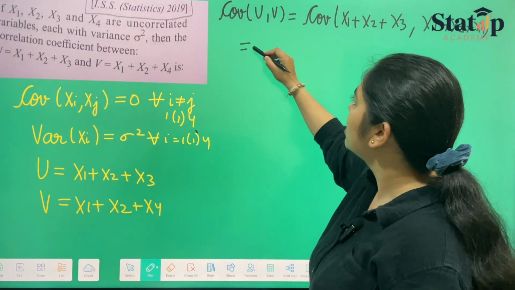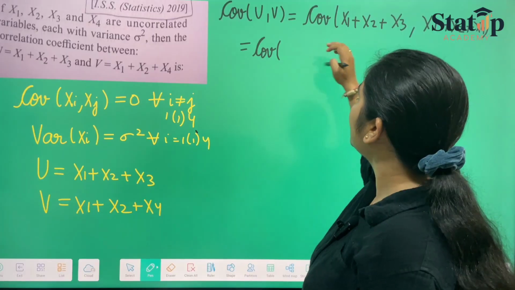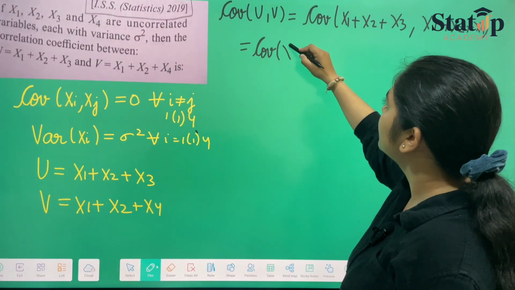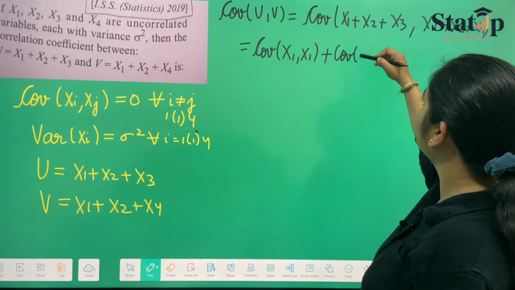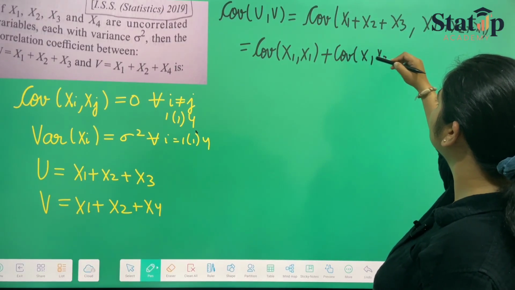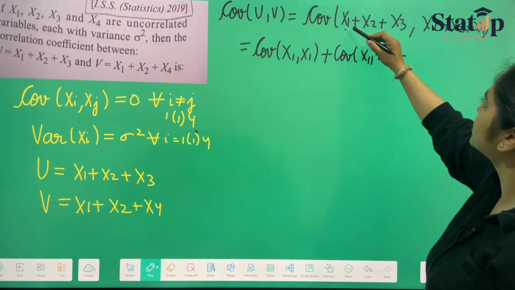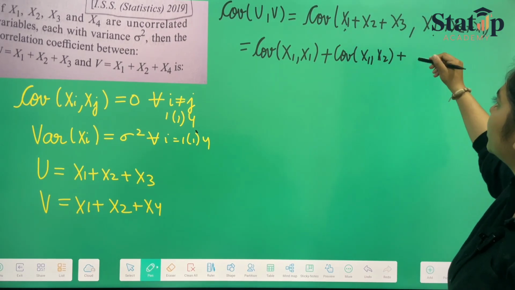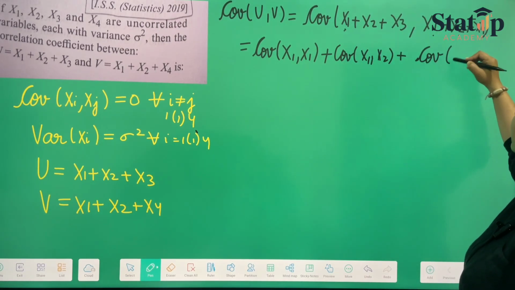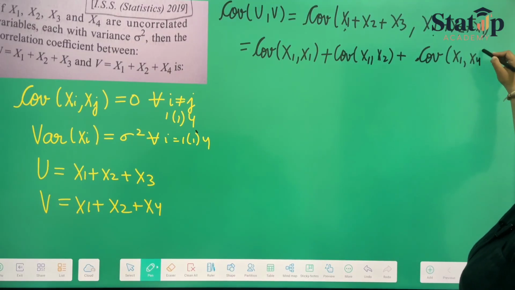First of all, x1 will be covariated with x1, covariance of x1 with x1, plus covariance of x1 with x2, plus covariance between x1 and x4.